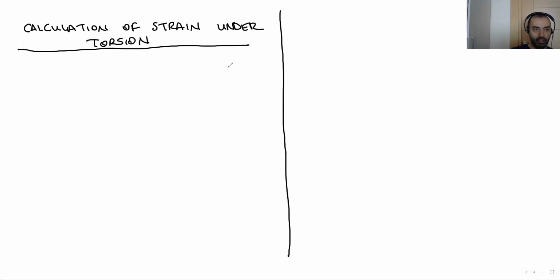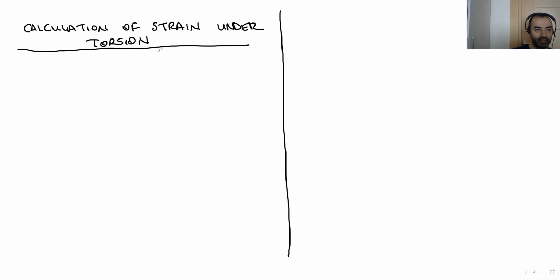Actually, the strain under the torsion is a kind of angle. I'm going to explain what they are now. We are going to calculate that angle as a strain under torsion. Okay. Let's get started.